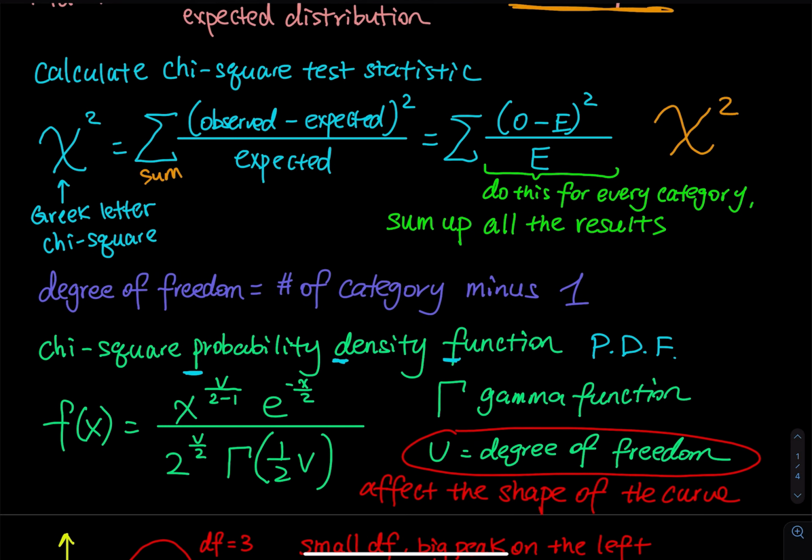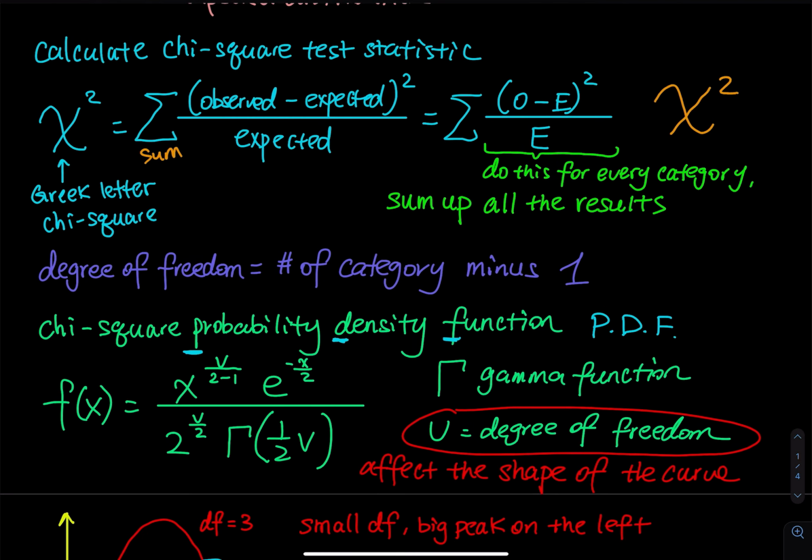This is the chi-square probability density function, PDF, that is called f of x equals a very complicated function. If you say, I haven't taken any higher level math, I don't understand what this function means, just take a quick look. This symbol is a gamma function, and V is the degree of freedom. If this is your first time learning chi-square, don't worry about memorizing the PDF.